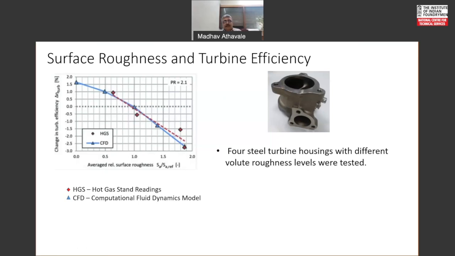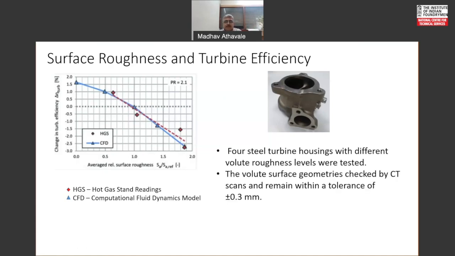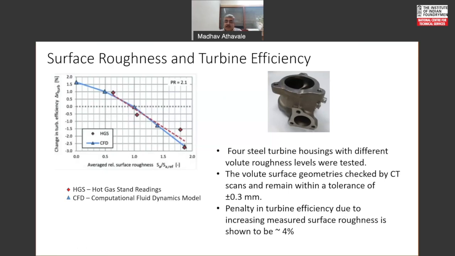Four different steel turbine housings with different volute roughness levels were tested. These are the four points which have been plotted. The volute surface geometry was checked by CT scans. They are within the tolerance of plus minus 0.3 mm. And as I said, the penalty in turbine efficiency due to increasing measured surface roughness was around 4%.